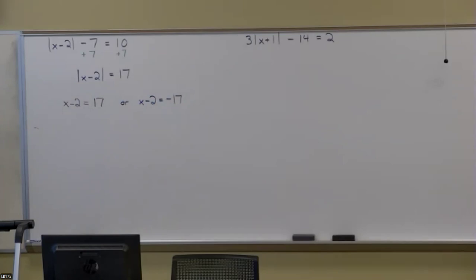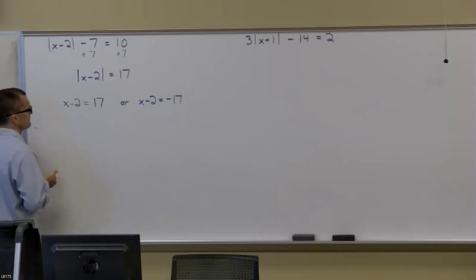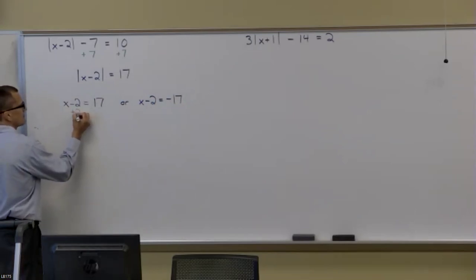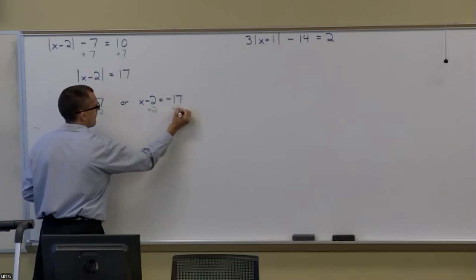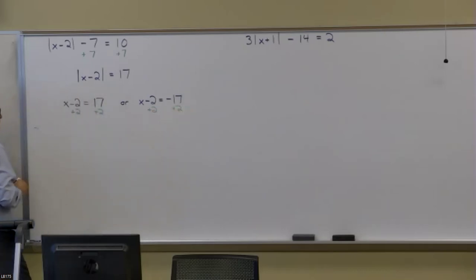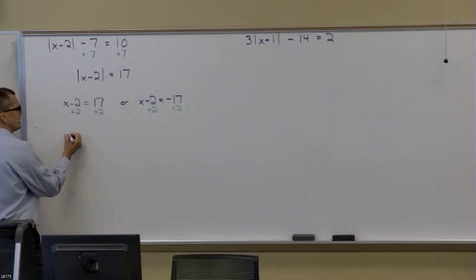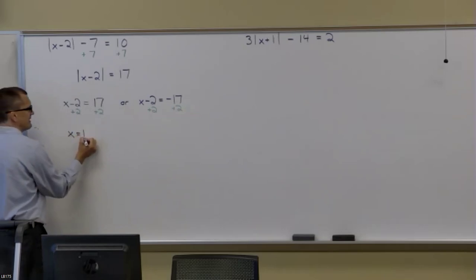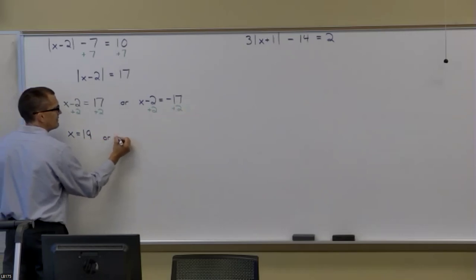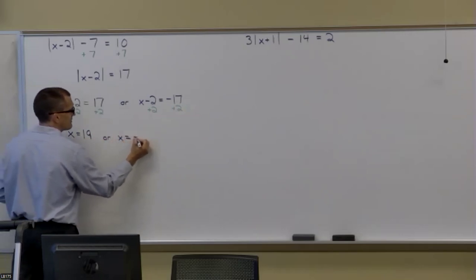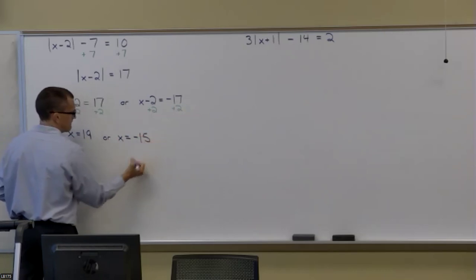Each of those equations is fairly straightforward to solve. Just add 2 to both sides. In the first equation, we get x is equal to 19. In the second equation, we get x is equal to negative 15.